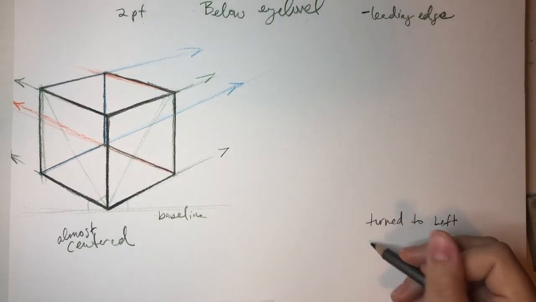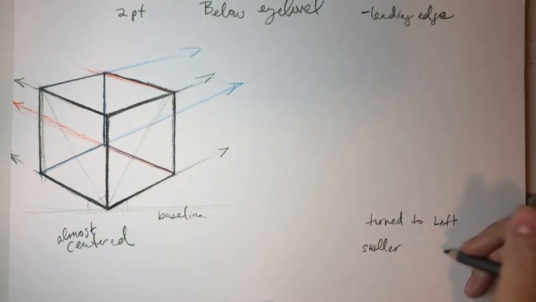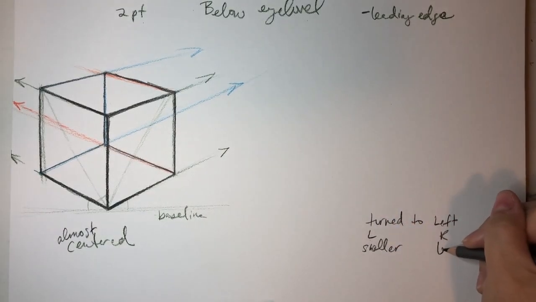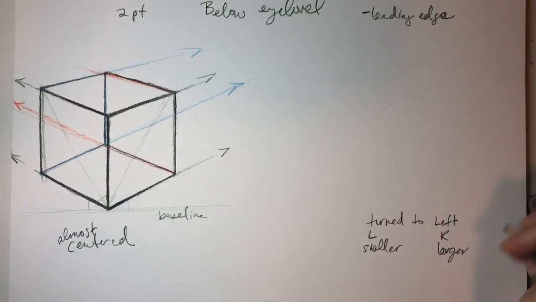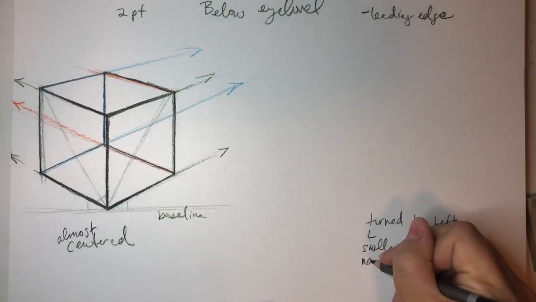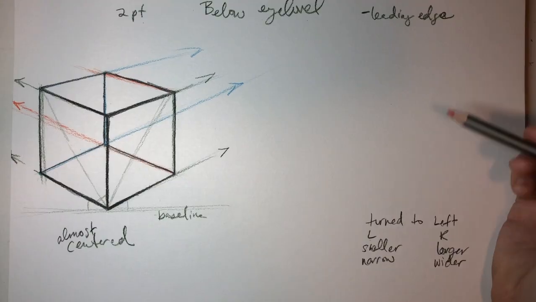So the left side will be smaller and the right side will be larger, or it's actually wider and this is more narrow. Okay, so go through the steps one more time and we'll see how that turns out.